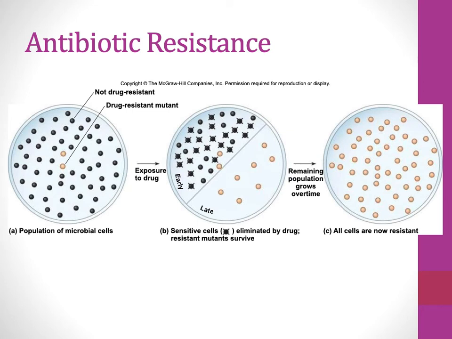So we want to keep in mind with antibiotic resistance, it happens when there is selective pressure. So the reality is, if we were to think of ourselves as a petri dish, we are a mosaic of different types of microbes. Some of the microbes have resistance and some of them don't, right?